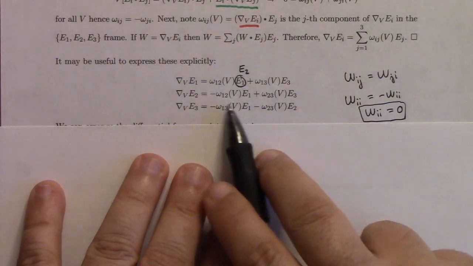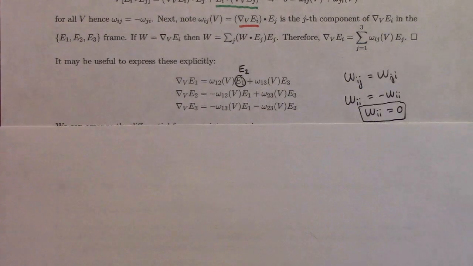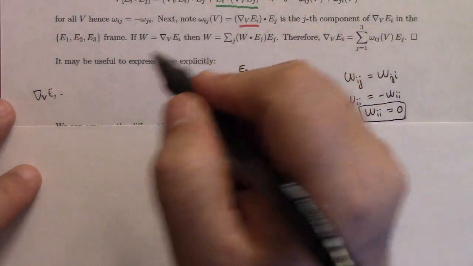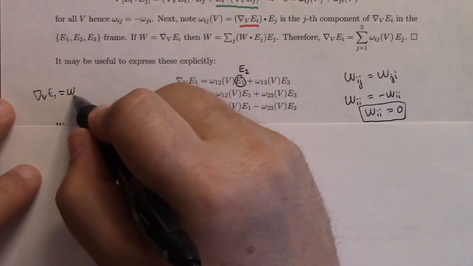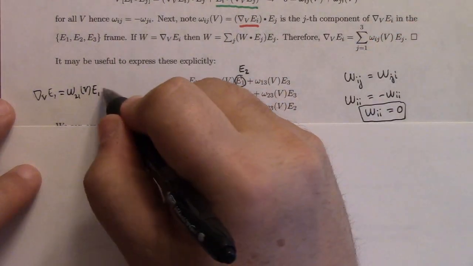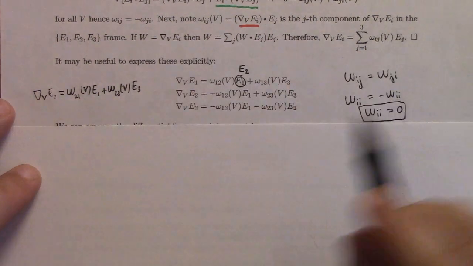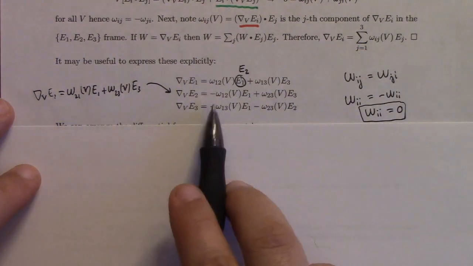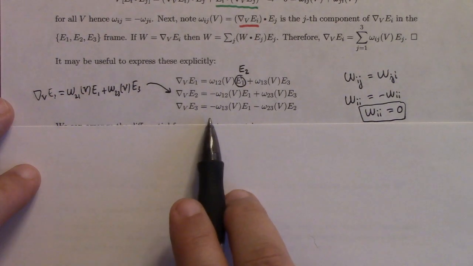The reason for this minus is that the covariant derivative of v in the E2 direction was equal to omega 2, 1 of v E1 plus omega 2, 3 of v E3. And then to write that as omega 1, 2, I have to flip the indices 2, 1 to 1, 2. That's where the minus comes from.